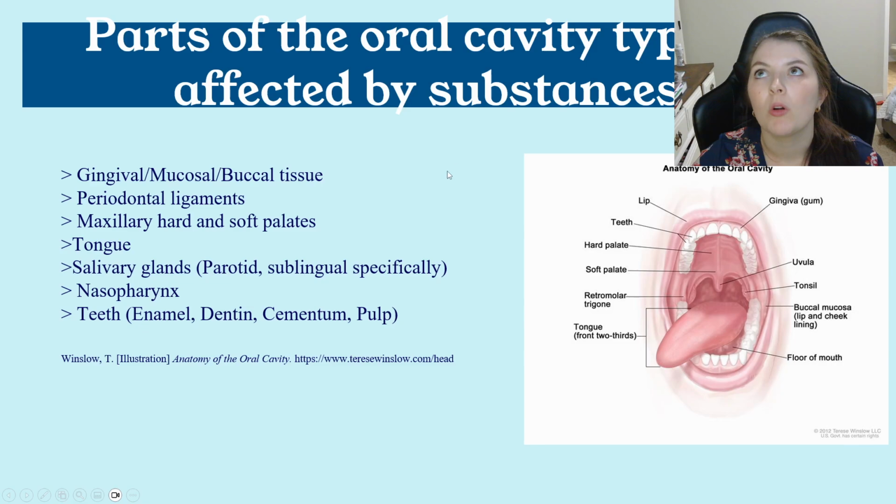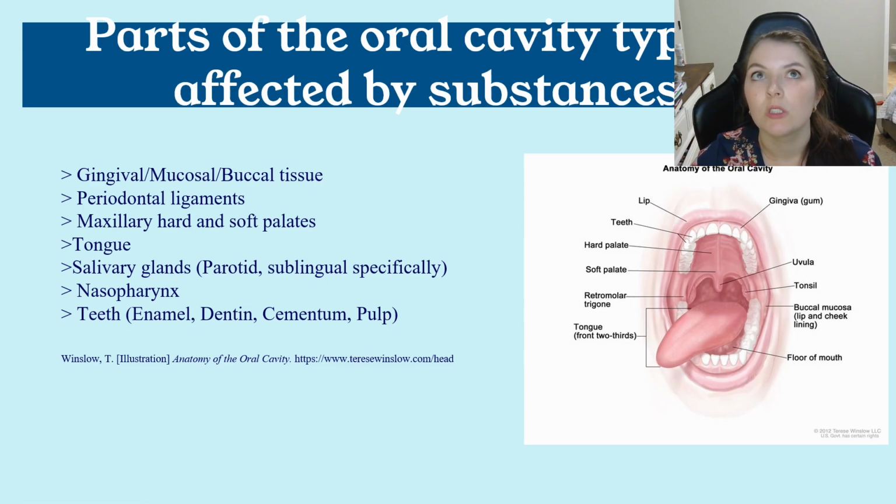These are all the parts of the oral cavity that are typically affected by substances. We have the gingival, mucosal, and buccal tissue. Gingival tissue are the areas where your teeth meet your gums. This is what we call the gums. The mucosal layer is the area in between the gingival tissue and the cheek tissue.